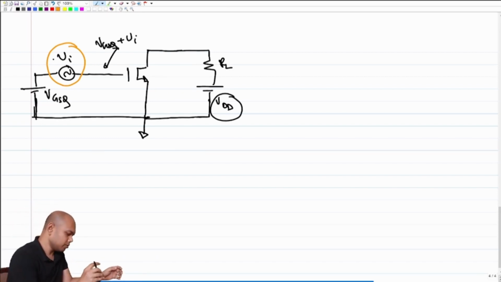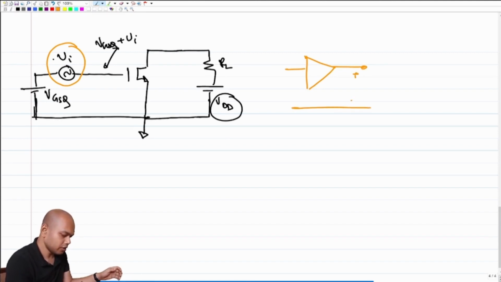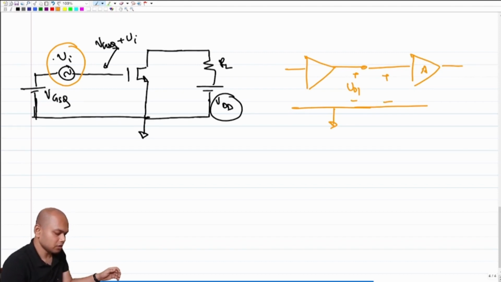So let's say there is one amplifier stage whose output V01 is referenced to some ground, and this is supposed to drive another amplifier stage which is also referenced to this common ground.